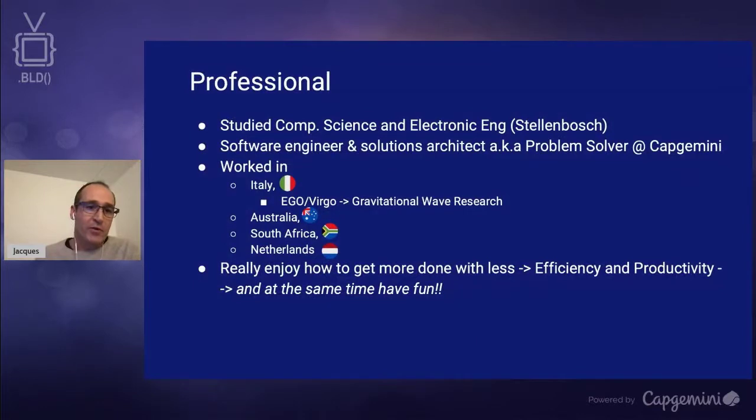Anyway, on a professional level, I studied computer science and electronic engineering at the University of Stellenbosch. At the moment, I'm a software engineer and solutions architect, aka problem solver, at Capgemini. Throughout my career, I've worked in a few countries, and some of the highlights include Italy, where I worked at the European Gravitational Observatory on a project called Virgo.